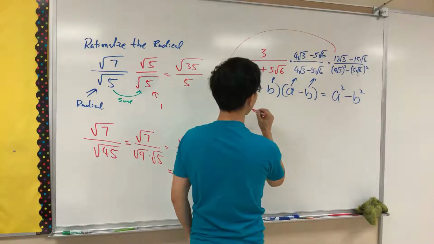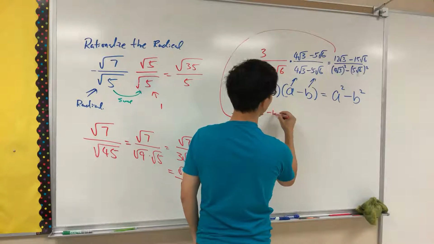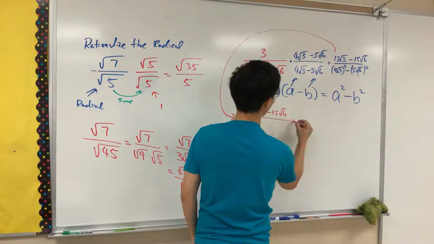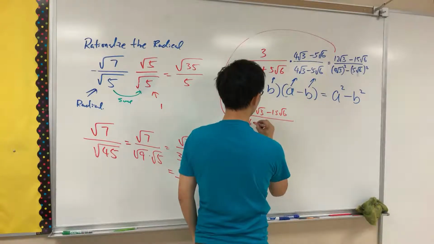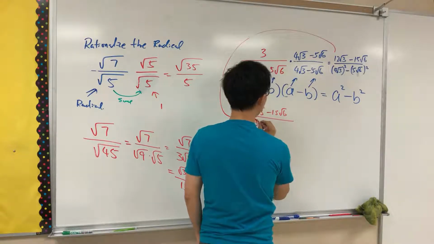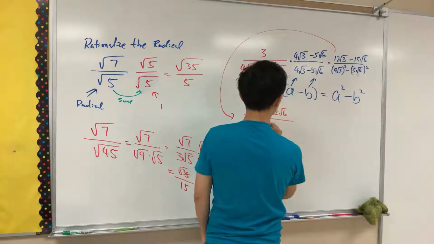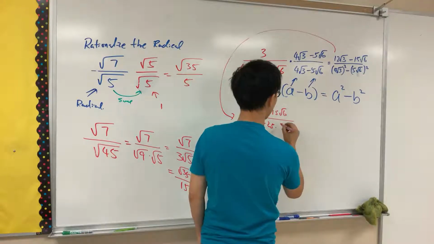On the top, I cannot simplify anymore. So it'll be 12 square root 3 minus 15 square root 6, all over, well, 4 squared is 16, right? Times square root 3 times square root 3 is 3, which is nice, minus 25 times 6.